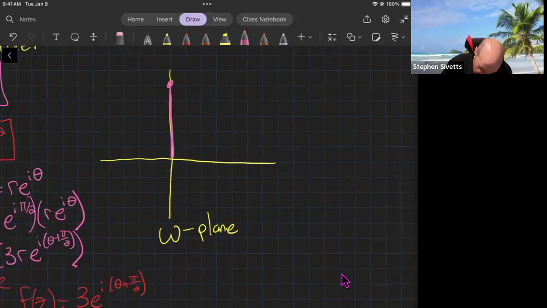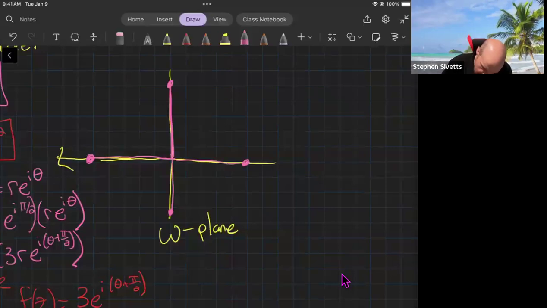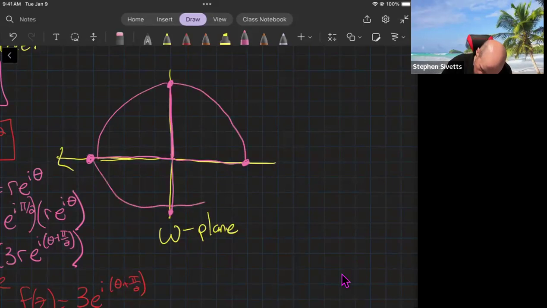If theta is pi over 2, the new theta is pi, so we'll have another point here, and another point out here. This would be another circle of radius 3.